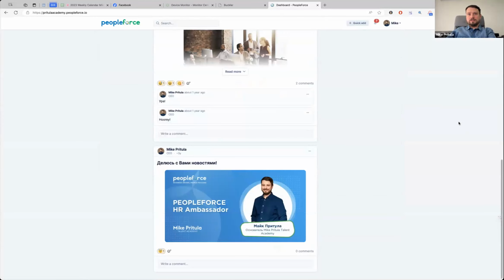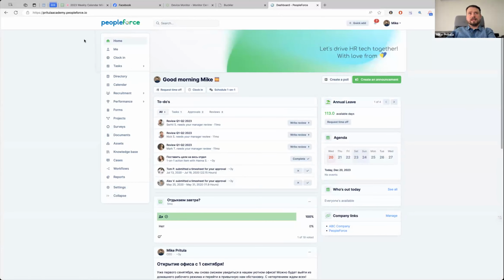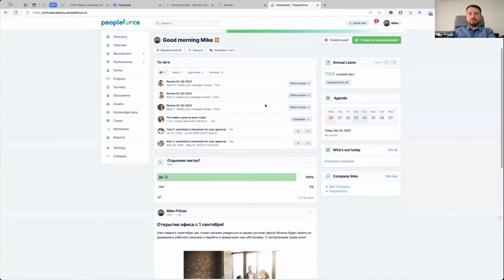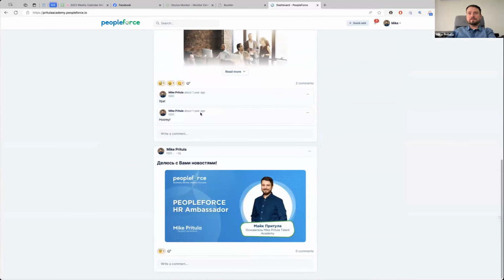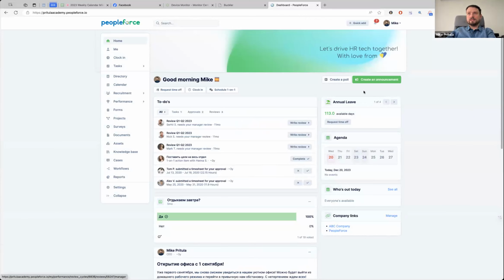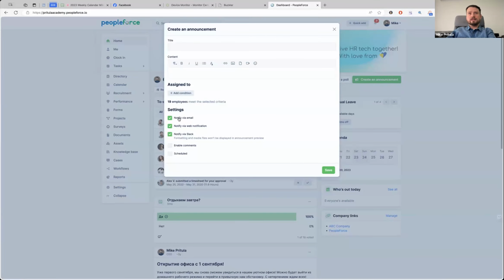This is a standard screen, like a starting screen, home screen. Here we have basic information. We have a news timeline, so we can add some announcements, some posts here, and we can choose who will see this. We may enable comments.